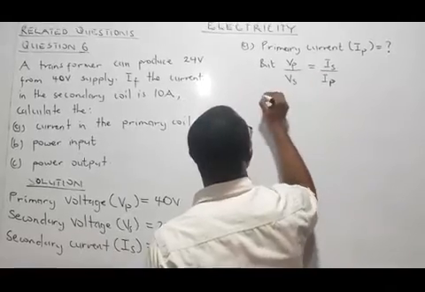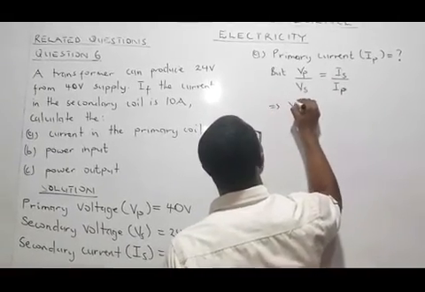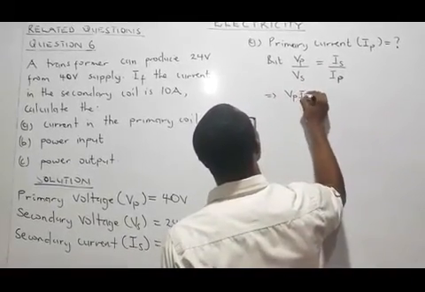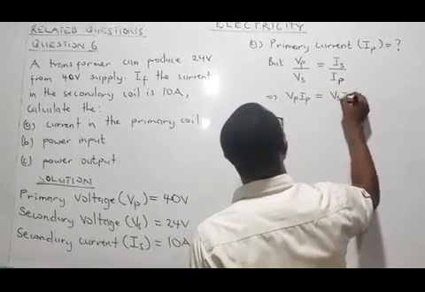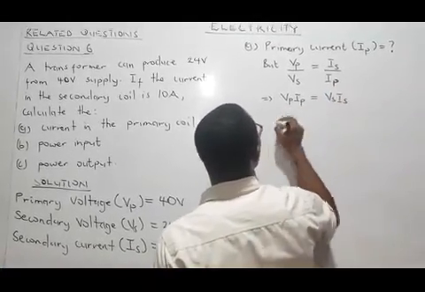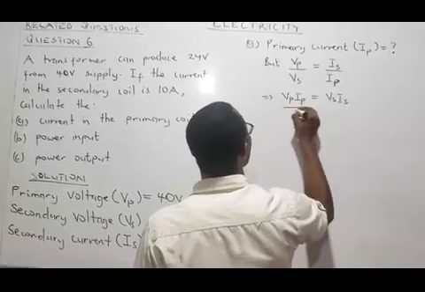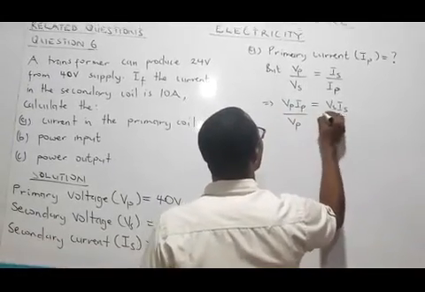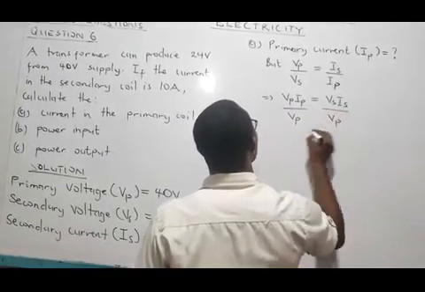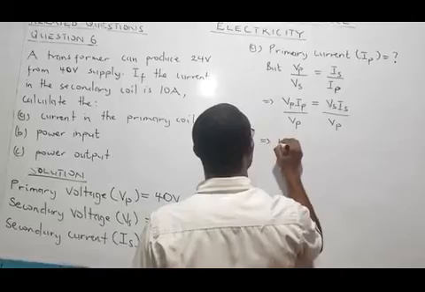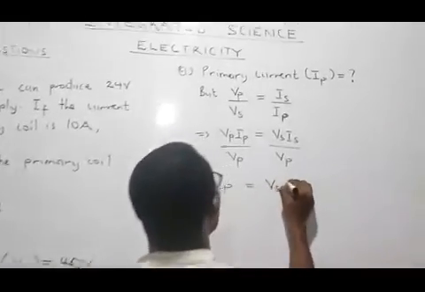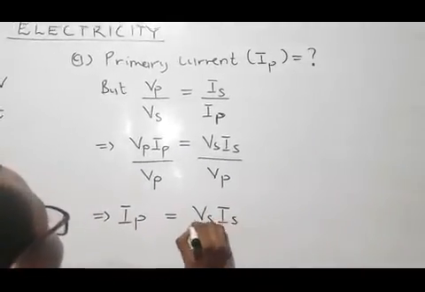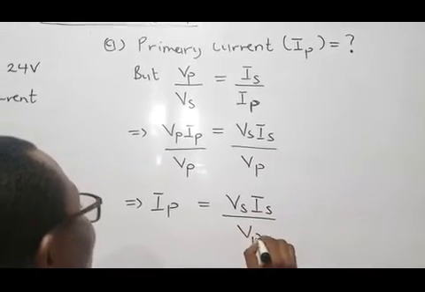You cross multiply, you have VP IP equal to Vs Is. You are looking for IP, so you divide both sides by VP. You do so, the IP becomes Vs Is over Vp.